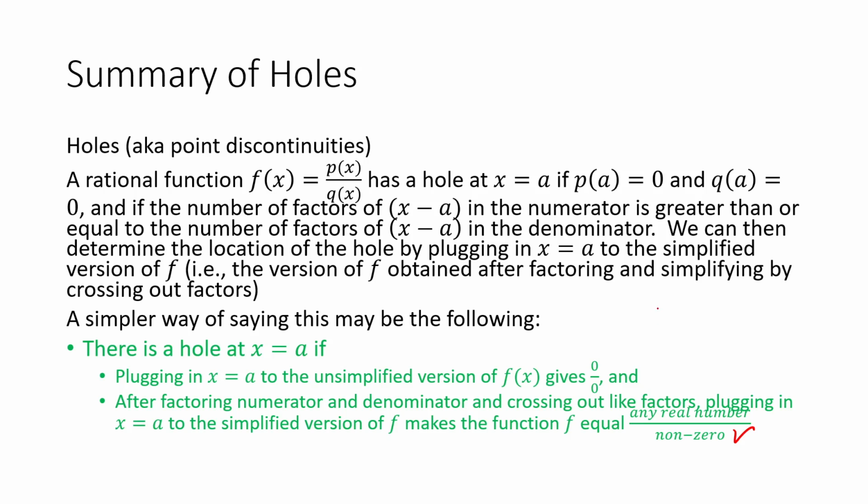And that's what happened in our case. We ended up with 2 times x plus 1 all over 1. Then after simplifying, when we plugged in the restricted x value of 2, we got a real number over a non-zero number. And that's how we know we have a hole.